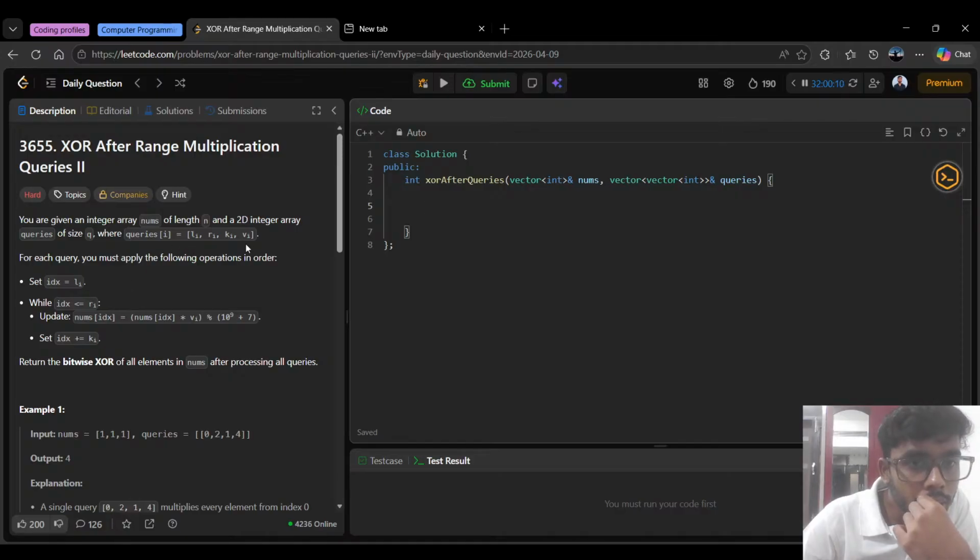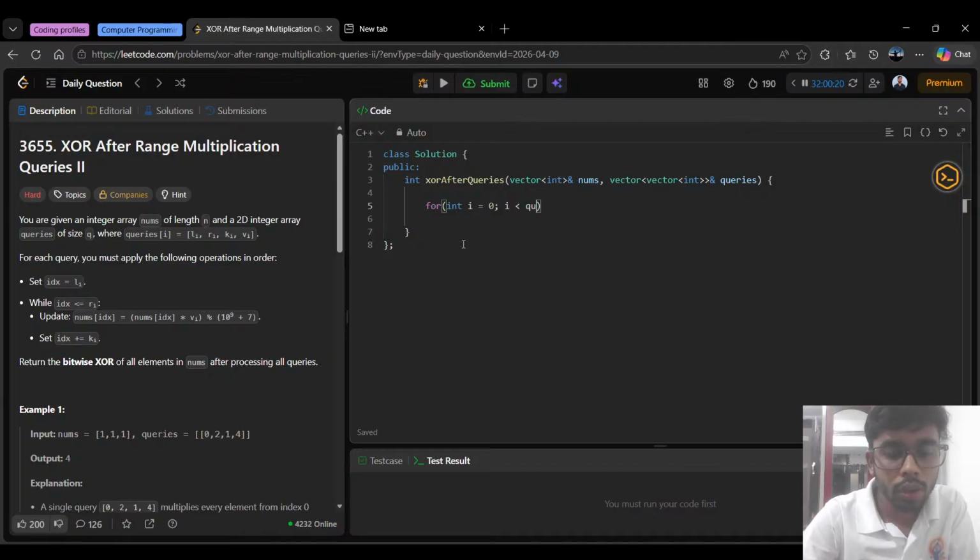Let's loop over all the queries. For int i equals 0, i less than queries.size(), i plus plus.